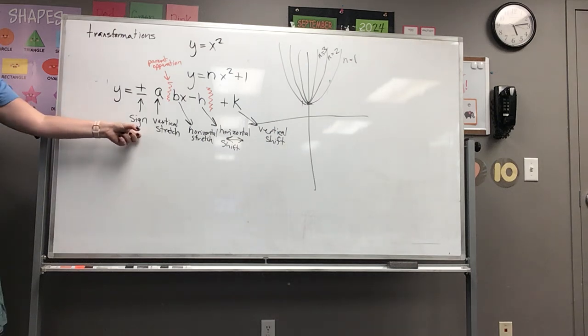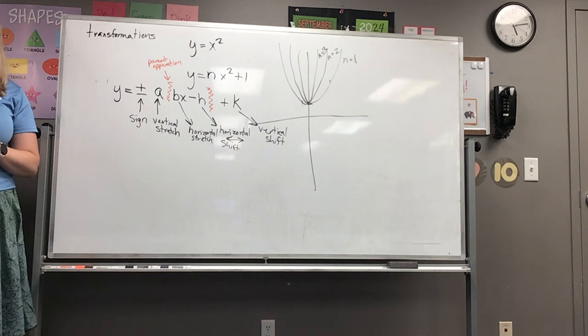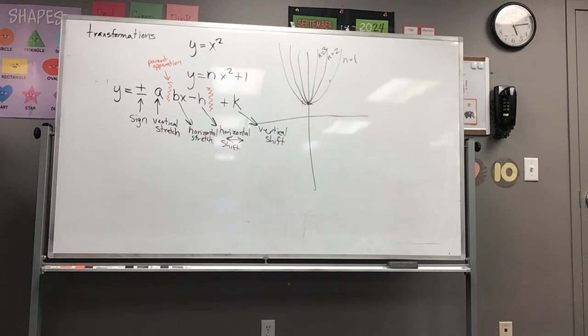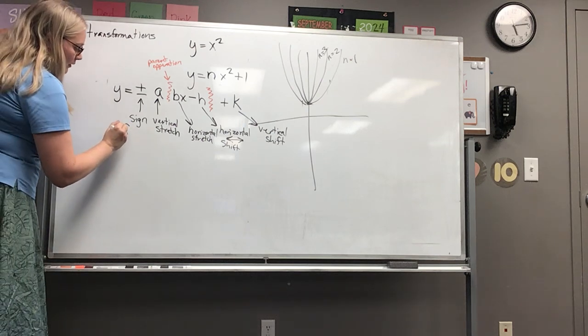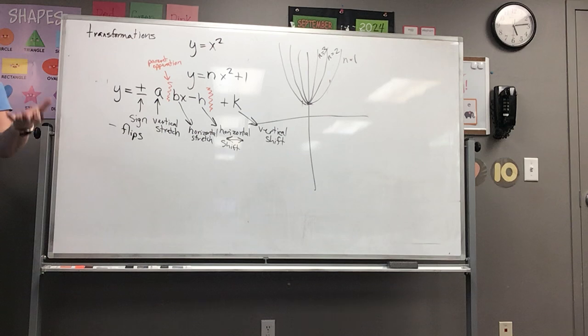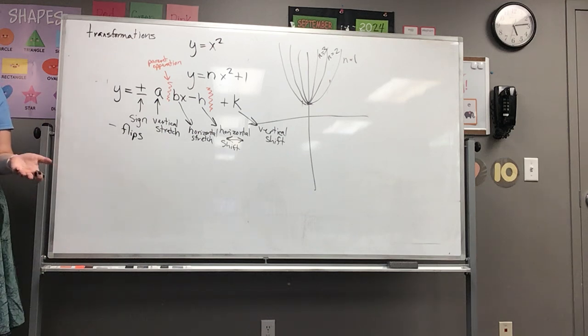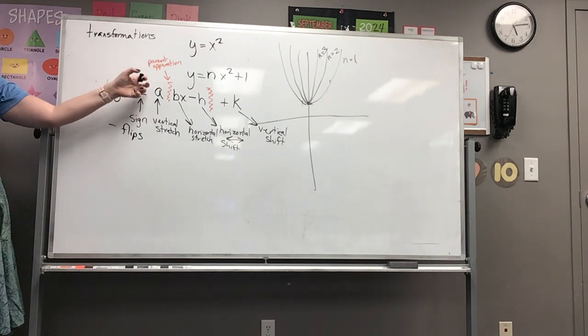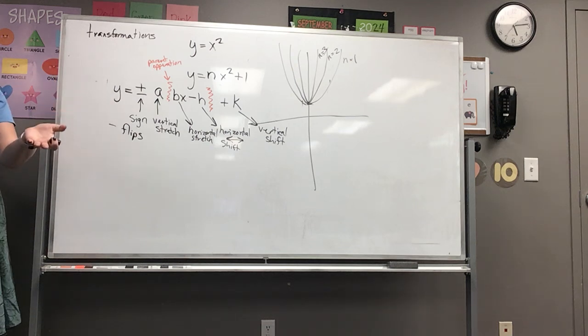So, what does the sign change do? Flips the graph. That's the easy one. If it's negative, it flips. If it's positive, there's no change. And usually this would show up as -3 or -1/2 or positive with nothing written, 1/4.